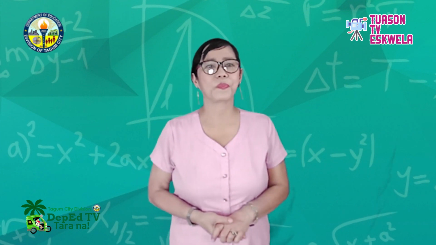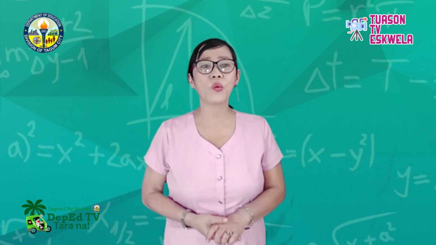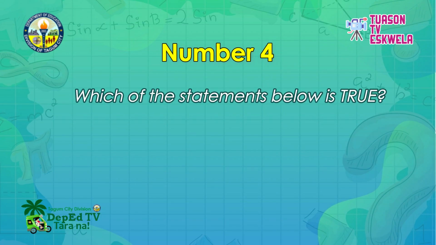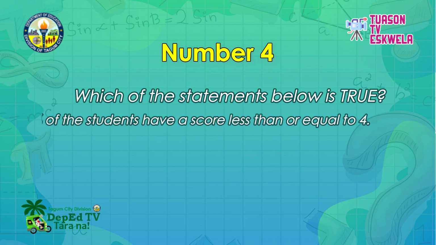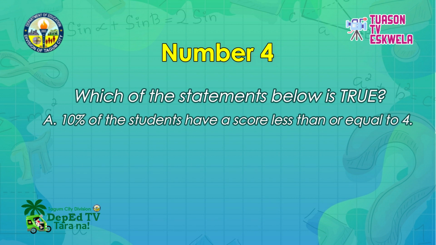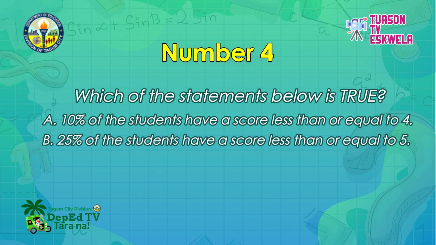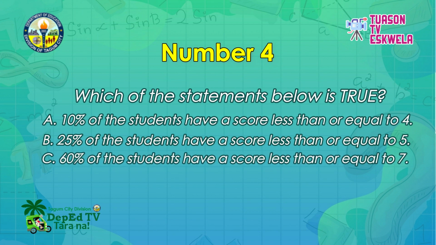2.6. Then for the number 4 question, which of the statement below is true? Choices are letter A, 10% of the students have a score less than or equal to 4. Letter B, 25% of the students have a score less than or equal to 5. Letter C, 60% of the students have a score less than or equal to 7.